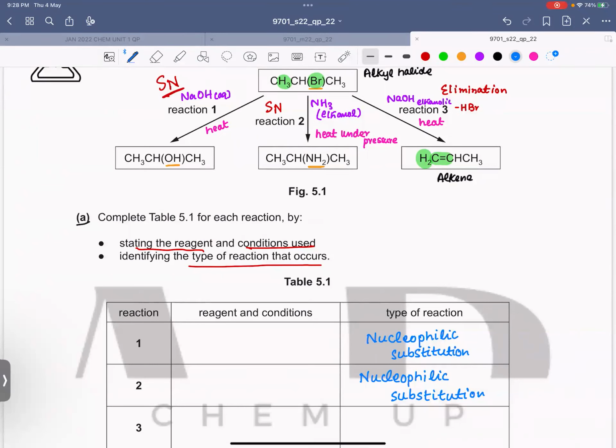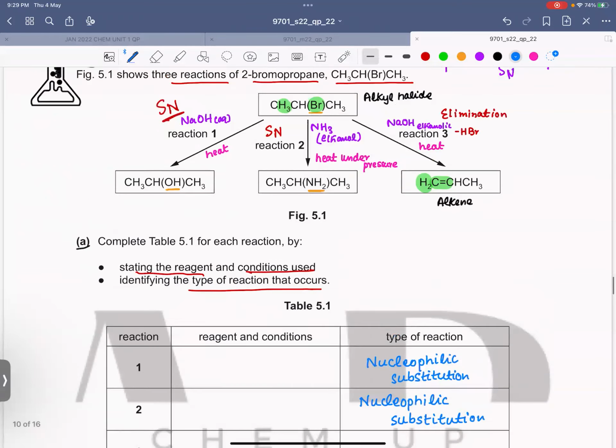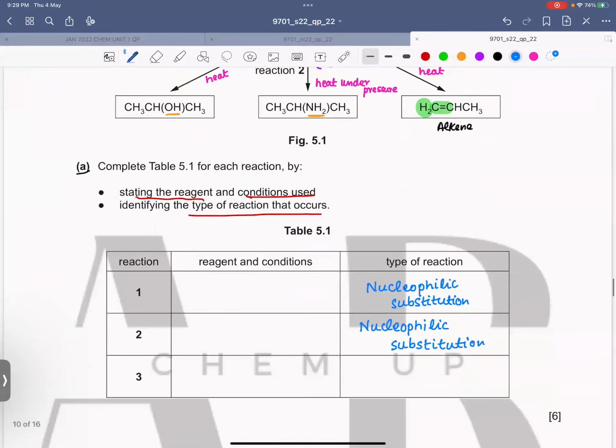Both are considered correct. Heat under reflux is a very important condition when we are doing oxidation. When we are converting an alcohol into a carboxylic acid or an alcohol into a ketone, you have to write heat under reflux. So in reaction 3, the reaction is elimination.